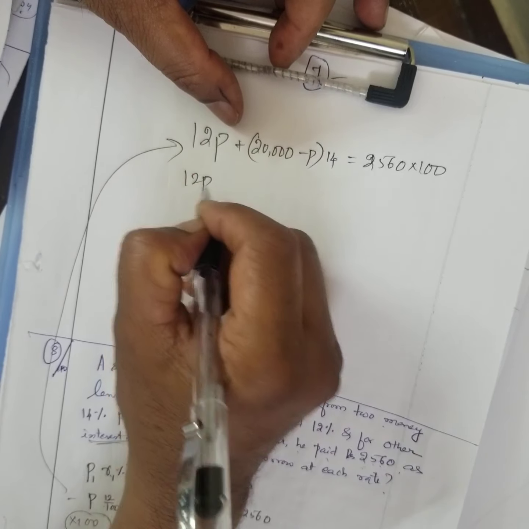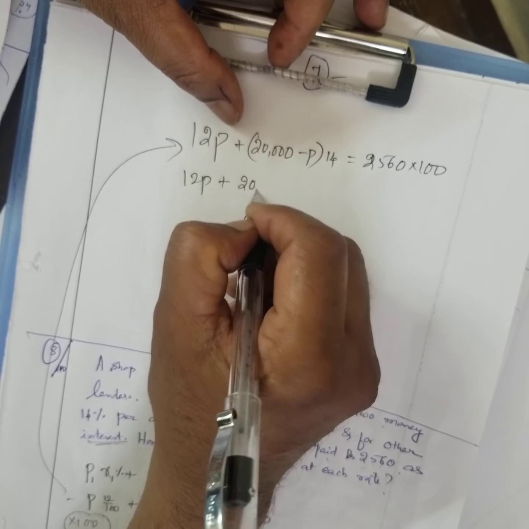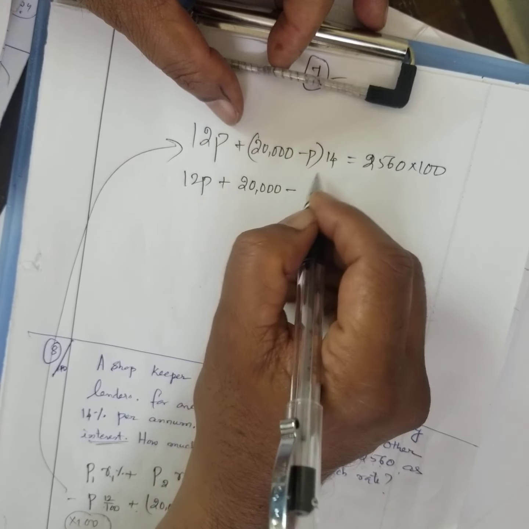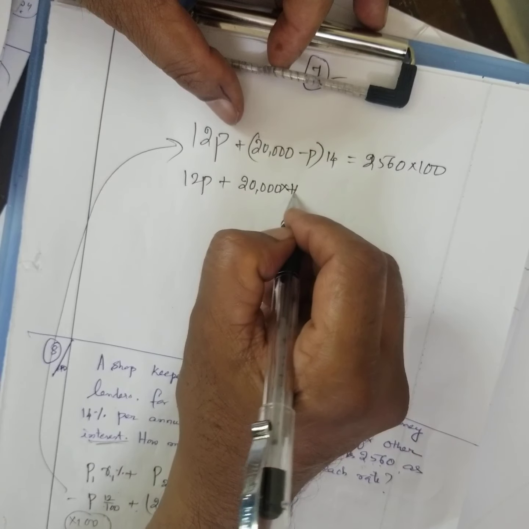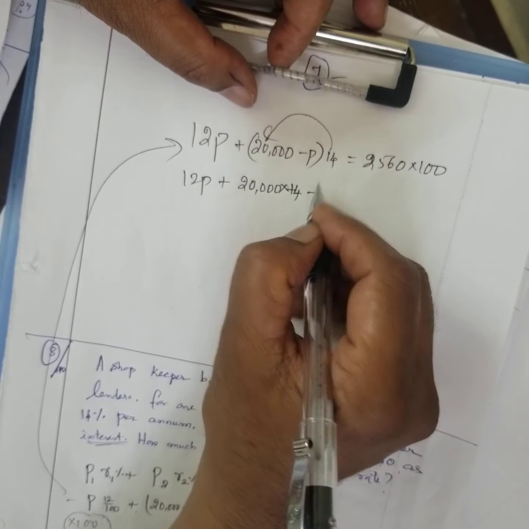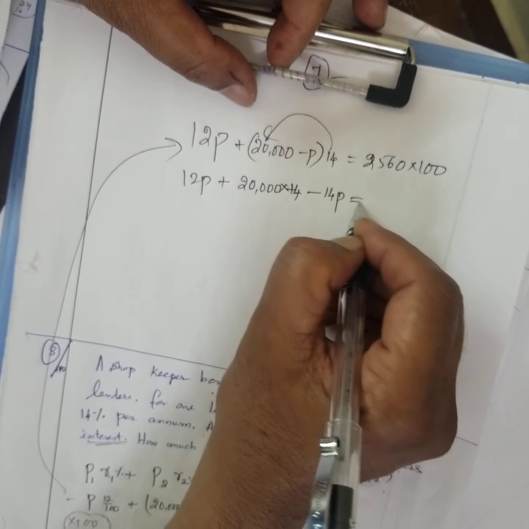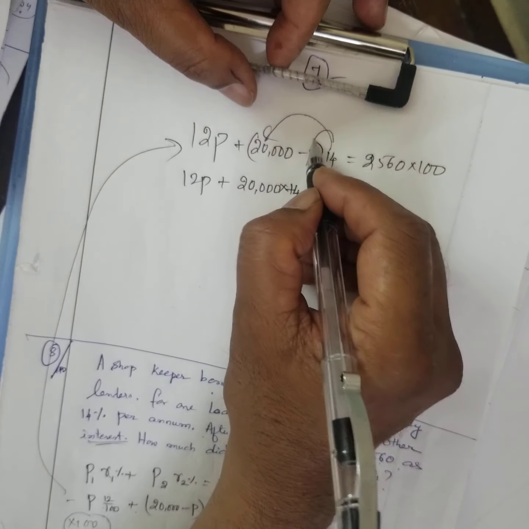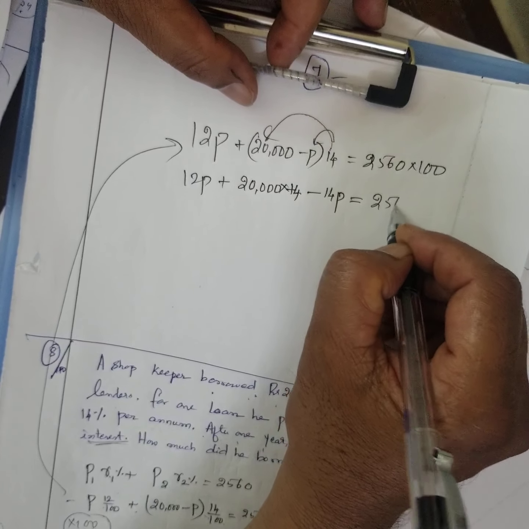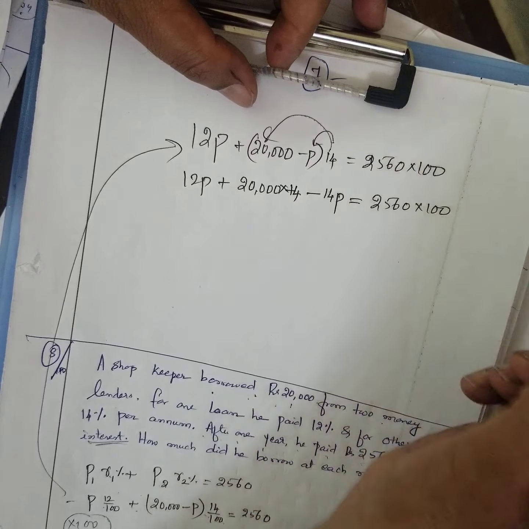Therefore, 12P plus 20,000 minus P into 14, minus 14P, equal to 2560 into 100.